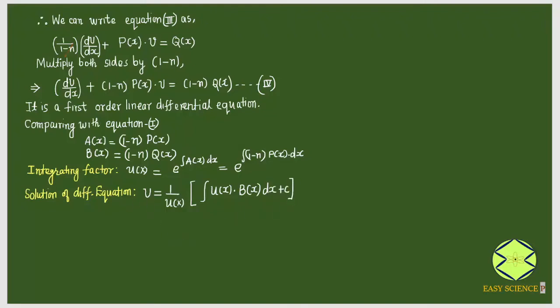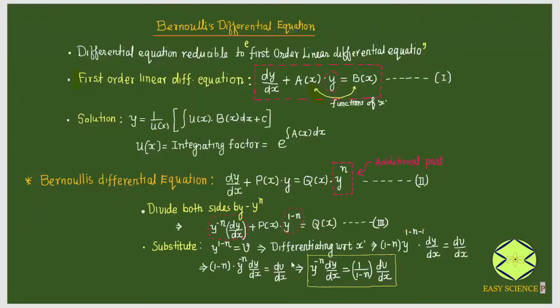We have already done the substitution that y raised to 1 minus n is v. So instead of v we can write y raised to 1 minus n.